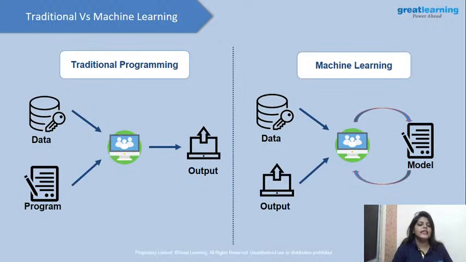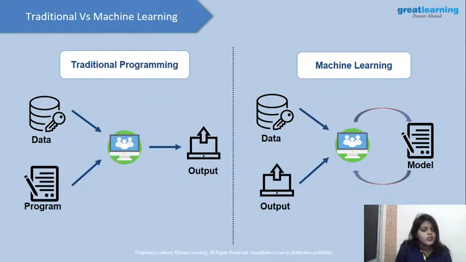Right, so I cannot see any answers so far, but the basic difference between traditional programming and machine learning is that in traditional programming, every time you have to write the code, and this is so painful, guys. But in machine learning, you just need to write code once. The code is basically nothing but the algorithms. You don't even need to write the algorithm. Can you think how easy it is to start with?